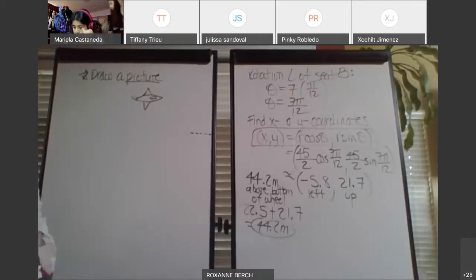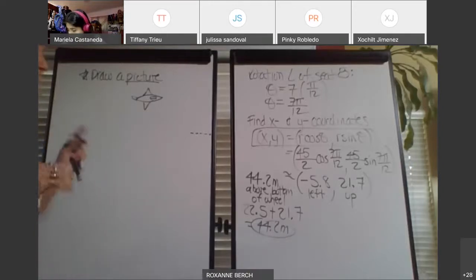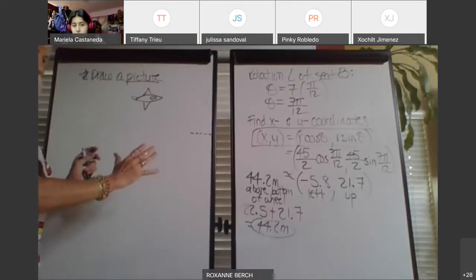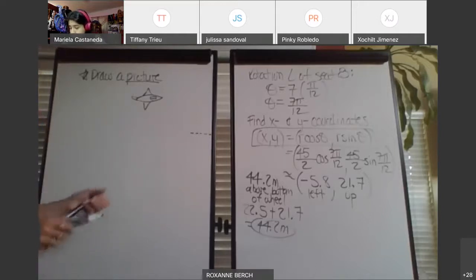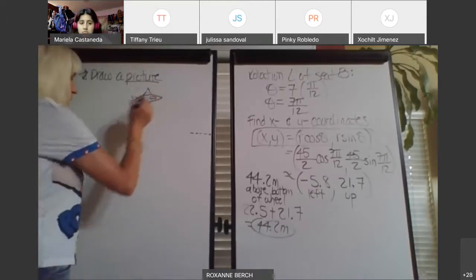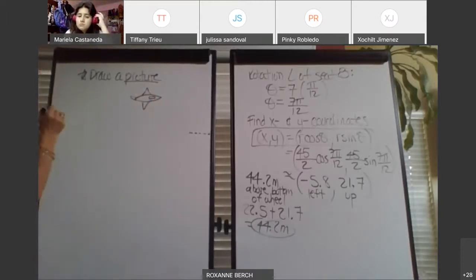Let me keep reading. An airplane begins to descend toward a runway 1 mile away at an angle of -5 degrees. So that's why I don't want to draw it the way I did, because I want to draw this angle, and this is called an angle of depression. Now, let me talk about this real quick.